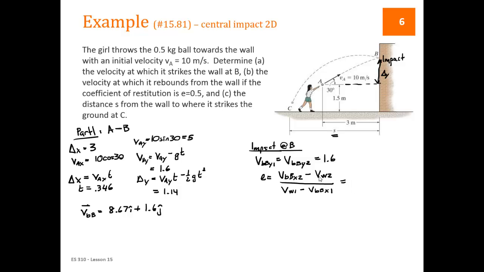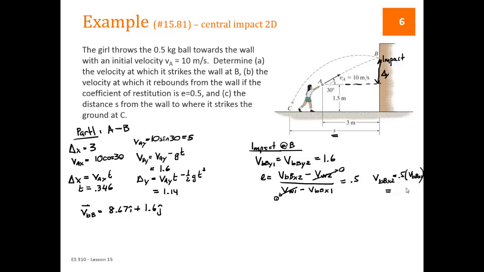So the wall's not moving, so this is going to be 0 and this is going to be 0. E is equal to 0.5, so this then allows us to say that the velocity of the ball at B in the x direction after impact is 0.5 times the velocity of the ball at B in the x direction before impact, which we know is 8.67.